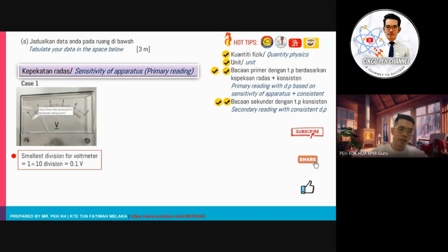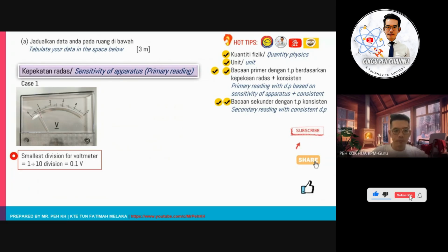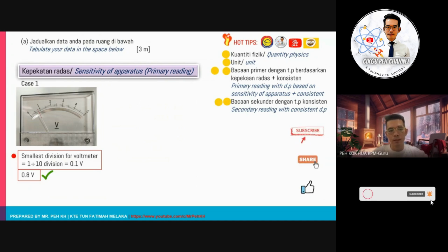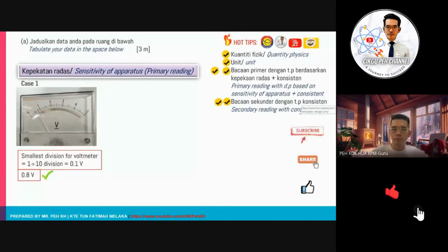You need to identify the one segment for your ammeter. So just like I mentioned, the reading here will be 0.8. So the answer for your reading here will be 1 decimal place. So the consistency here means that all your readings must be with 1 decimal place for different MV.